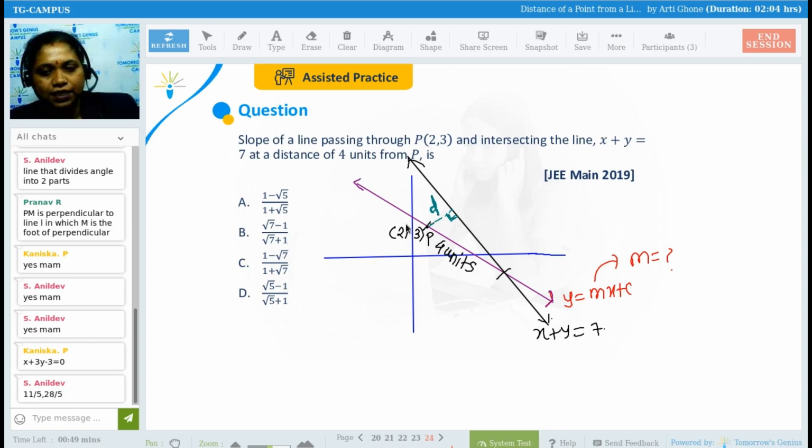Are we able to get the distance, because we know the line and we know the point? Are we able to get the distance d? And then by using the angle between two lines formula with theta, we are able to get the m. Yes or no? Okay. So first take the distance d from the line.